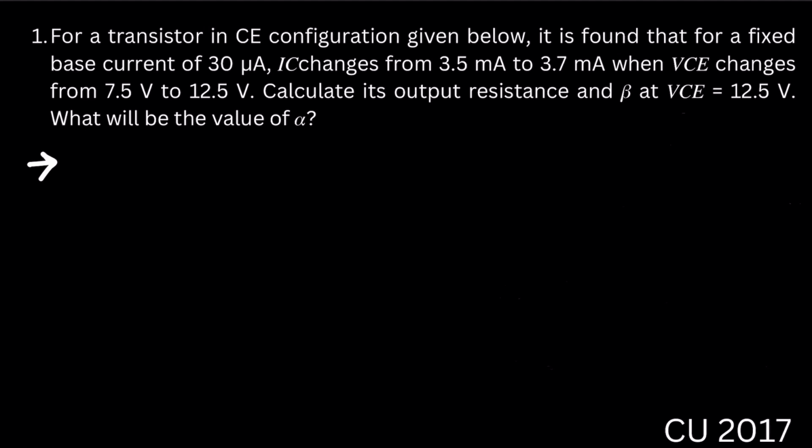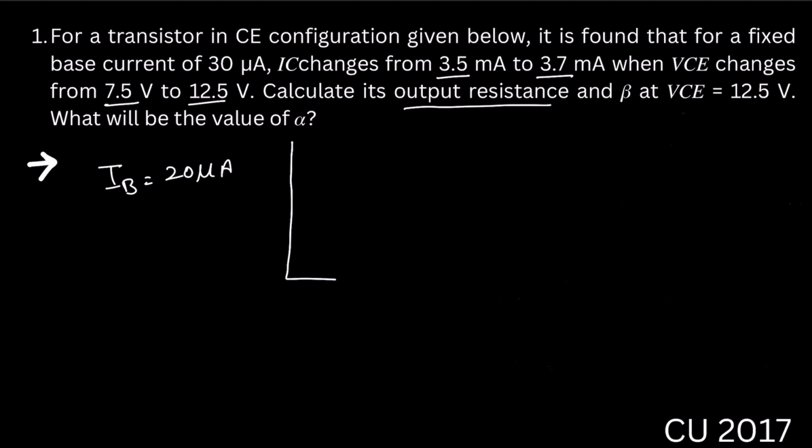So in this question, you can see for a fixed base current IB of 20 microampere, if we change the value of VCE from 7.5 volt to 12.5 volt, then IC will change from 3.5 milliampere to 3.7 milliampere, right? So they want the output resistance value.